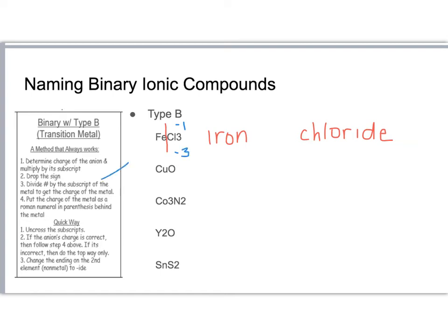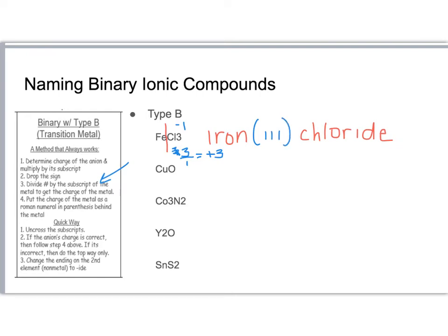According to the rules over here, if we then drop the sign and then we divide that number by the subscript of the metal, which in this case is 1 for iron, we will get the charge of iron, which would then be +3. Remember, all metals form cations. And in parentheses behind the name, I will put a Roman numeral 3.